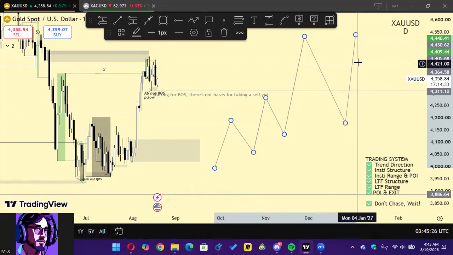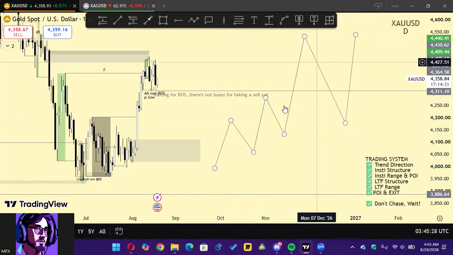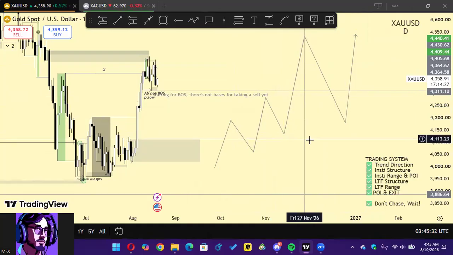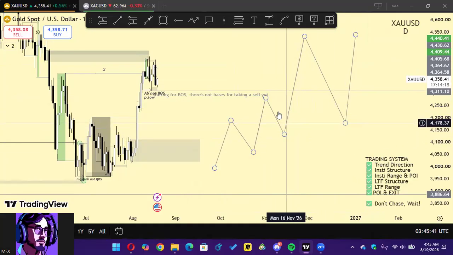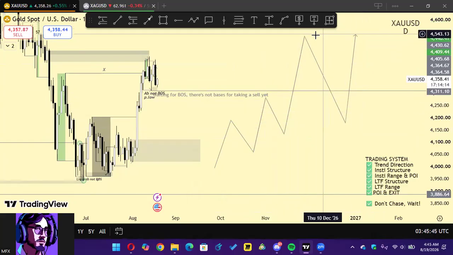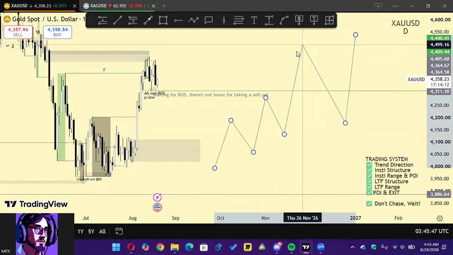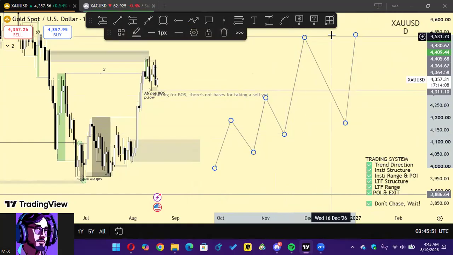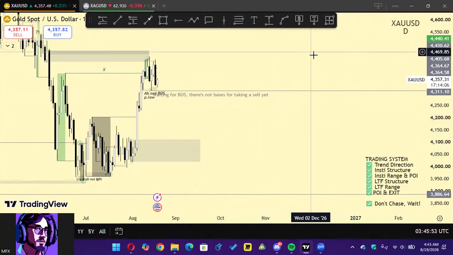It has always worked out, except when the double MB formation was not properly identified. All the times I've had this formation, it has always worked out. With a double MB formation, we'll always see price come to mitigate whatever POI is here, or maybe a breaker block that is here, and take out the high. Wherever the high is, price is going to come back and take it out. So that's what I'm expecting here.